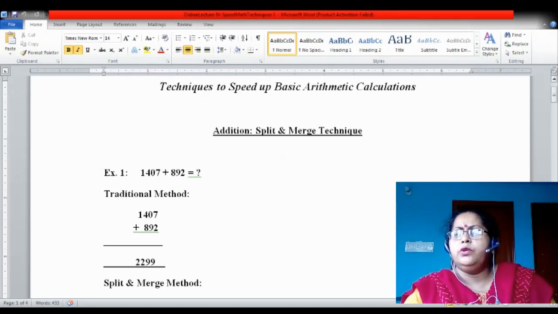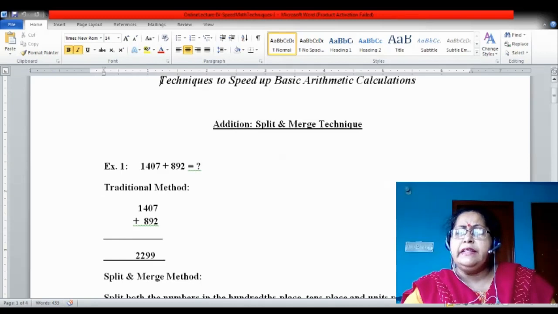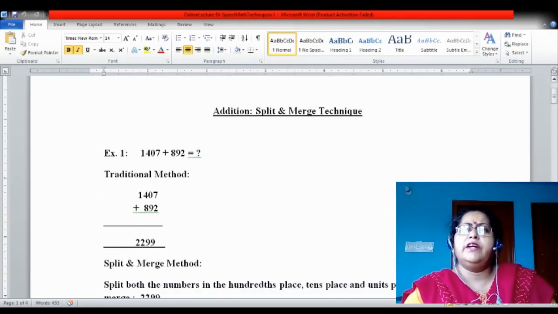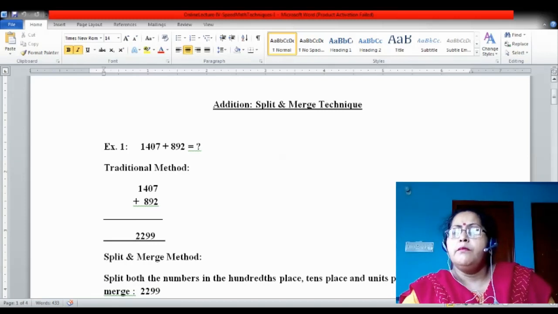Here 1407 has a thousands place, 892 doesn't, so we can forget the thousands place for now and just split both the numbers into hundreds place, tens place and units place, and then merge, and we will get the answer.